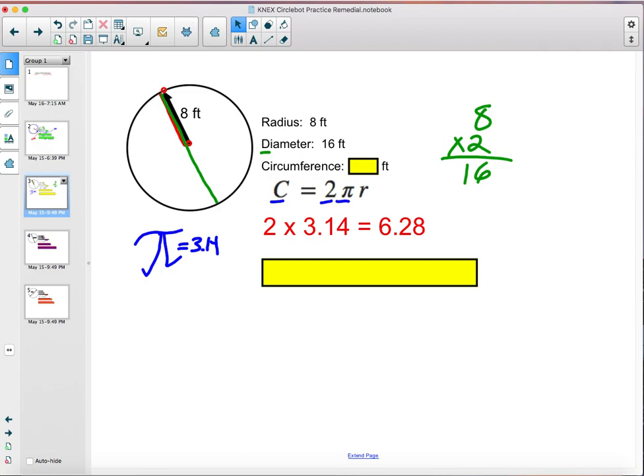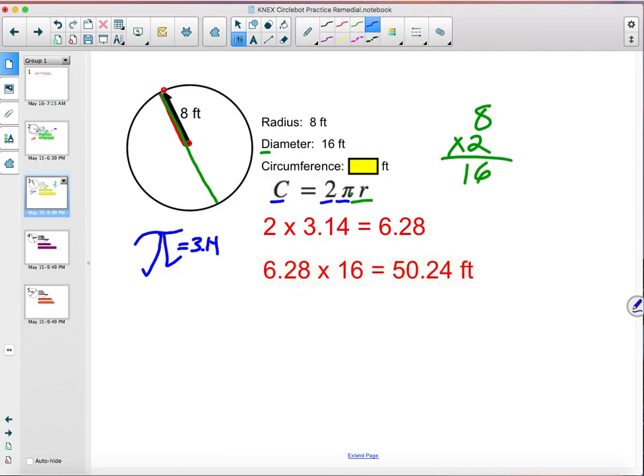And then we are going to take that and multiply by the radius. The radius in this case is 8, so we take 6.28 times 8 and we get 50.24 feet.